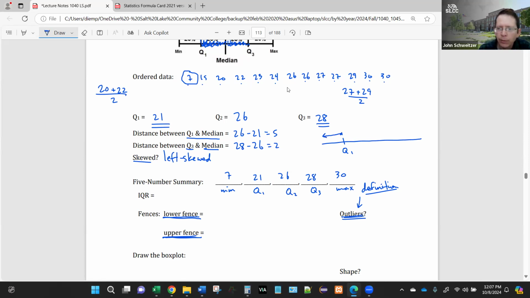Then we're going to go up to Q3, which is a large value, not extremely large, but it's the 75th percentile. And we're going to go a little bit further than that, in fact, the same distance we went down here. And what that creates are the fences. We have a lower fence and we have an upper fence. It's an interval.